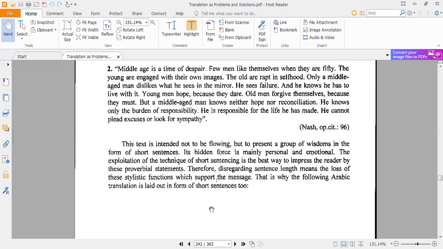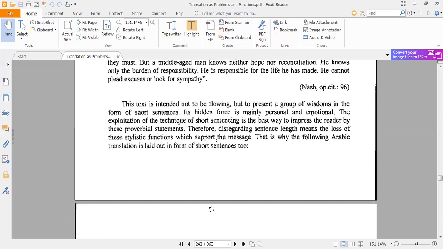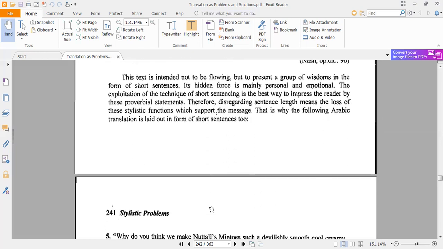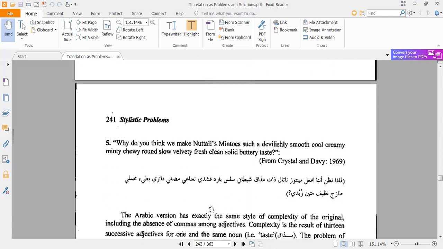I mean, the wisdoms or the degree of wisdoms included in these short sentences will be reduced. So it is better to maintain the same level of wisdoms, the same emotive force of these wisdoms. Thus, we can use short sentences.